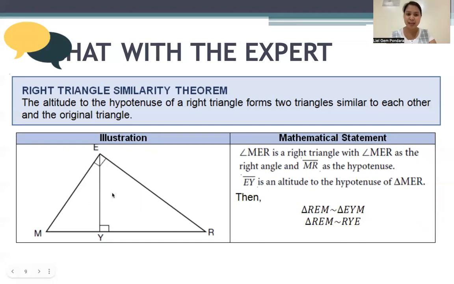So here we say that REM is similar to EYM, and REM is also similar to RYE.